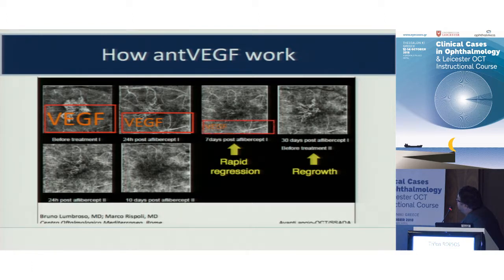At 7 days after the injection, there is a very rapid regression, and the VEGF levels are extremely low within the vitreous cavity. One month after the injection, the VEGF concentration starts to build up inside the vitreous cavity, thus leading us to a regrowth pattern of our membrane.